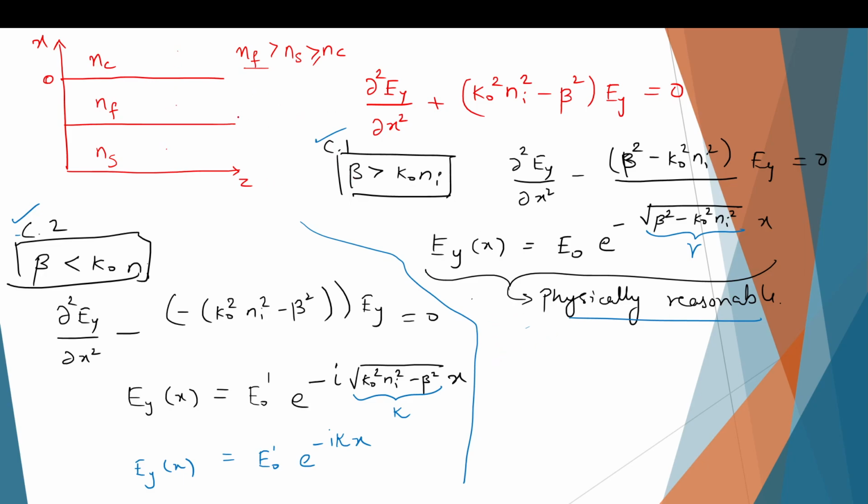I'll repeat, if my beta is greater than k naught times nf, that will mean that it is also greater than k naught times ns and greater than or equal to k naught times nc, because ns and nc are smaller than nf. So that will mean that all three regions have decaying solutions.